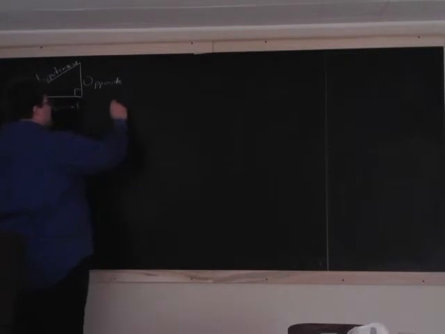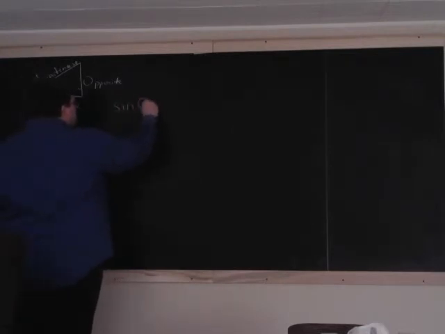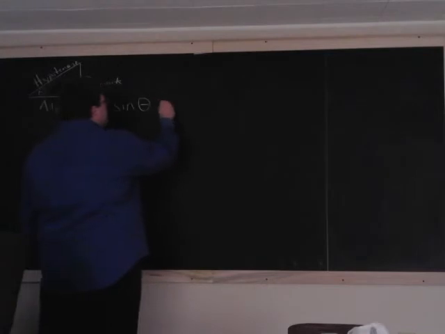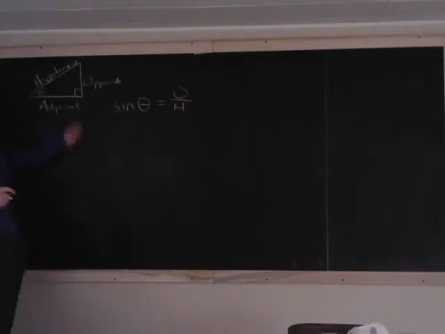So let's define sine of an angle. Trig functions take as their inputs angles. Sine is defined to be the ratio of the opposite side to the hypotenuse. So the opposite side length, whatever that is, divided by the hypotenuse length, whatever that is.